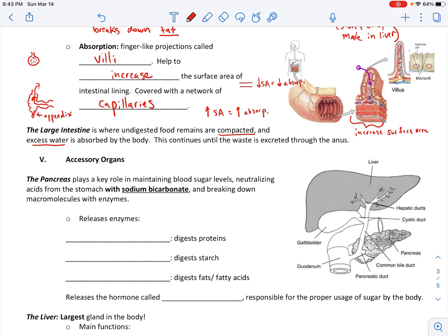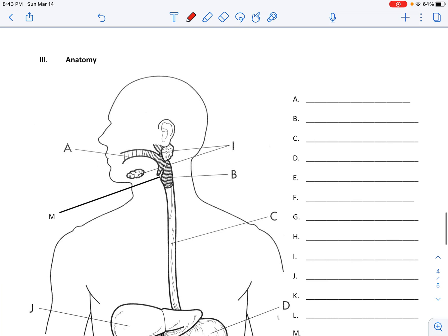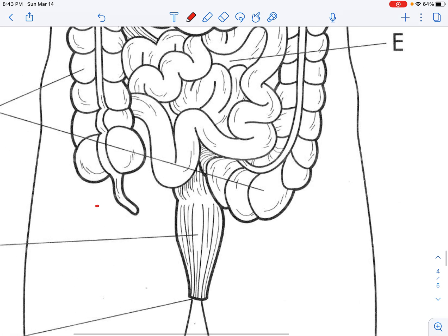If it were to rupture, the bacteria can spill into your inner body cavity, and that can cause appendicitis, and that's not good. But essentially, the appendix is located where the large intestine and small intestine meet. There is a picture on the next page, and it is not labeled, but that is where the appendix is.